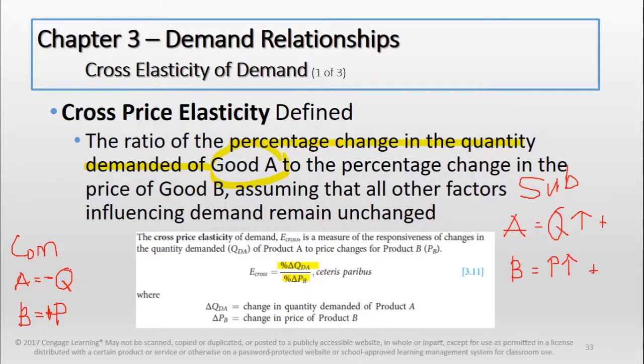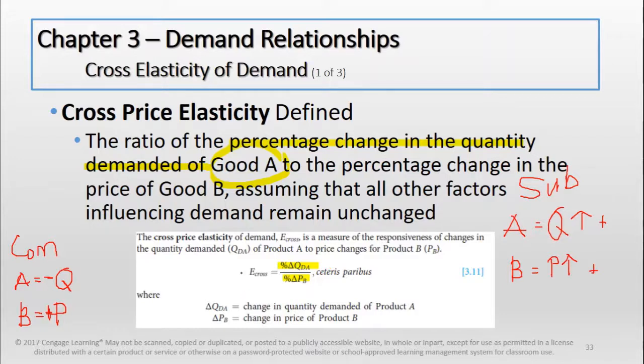So that is how you identify, in your cross price elasticity, whether the products are substitute or complementary, which is what you will encounter in a quiz or exam. Now, how do you know if they are close substitutes or not?